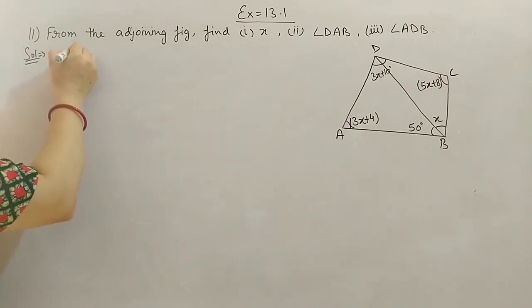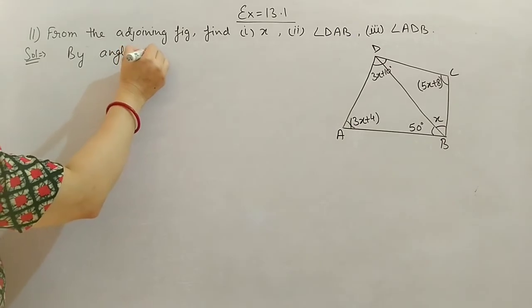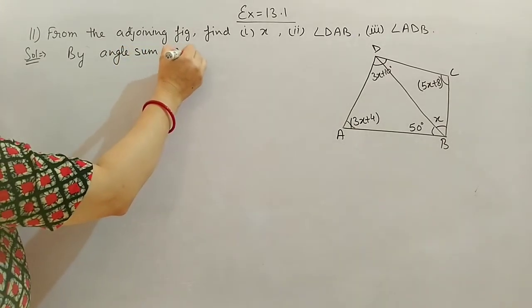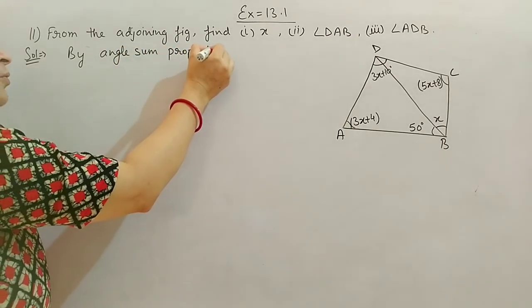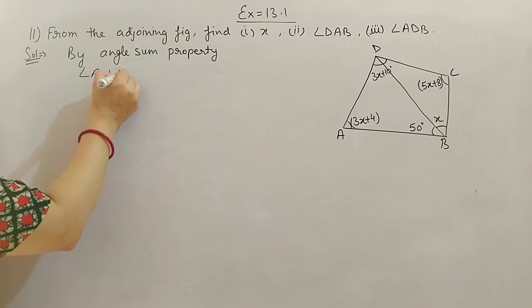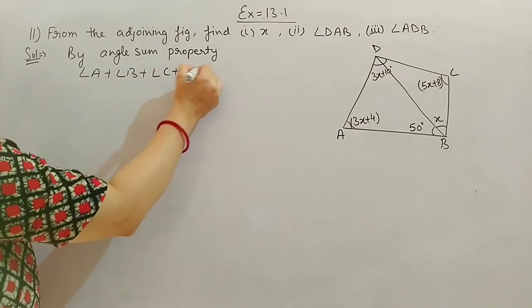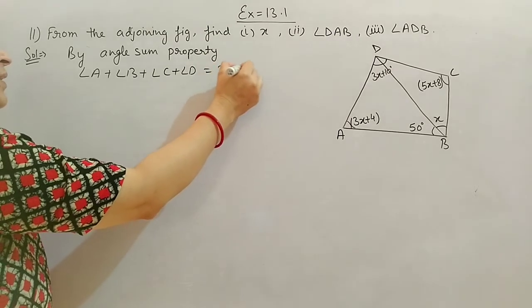By angle sum property, the sum of all four angles of a quadrilateral is equal to 360 degrees. So angle A plus angle B plus angle C plus angle D will be 360 degrees.